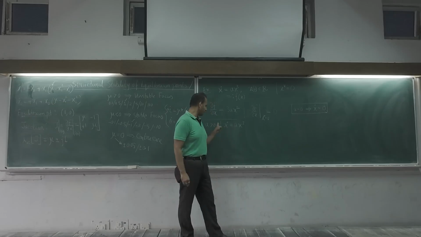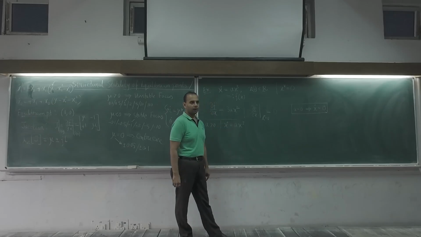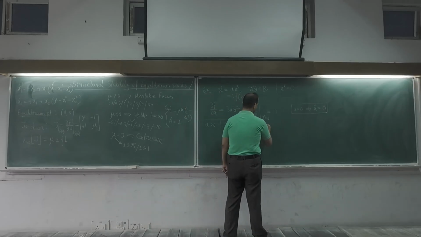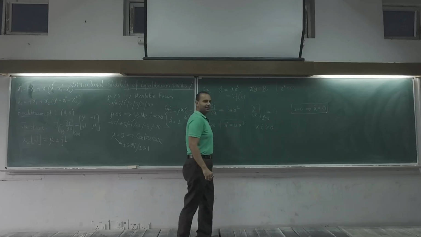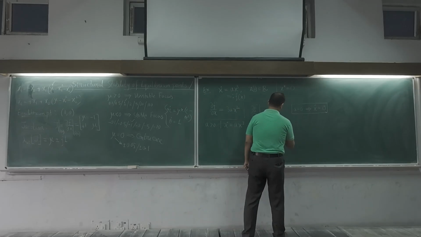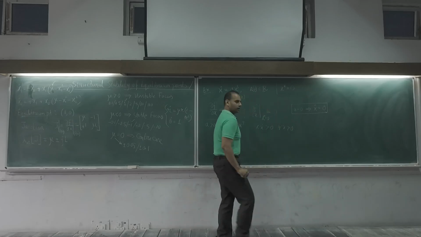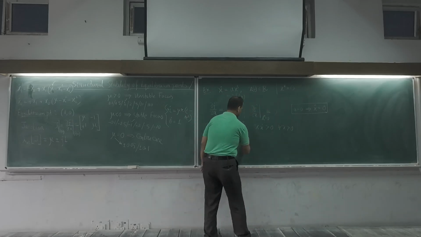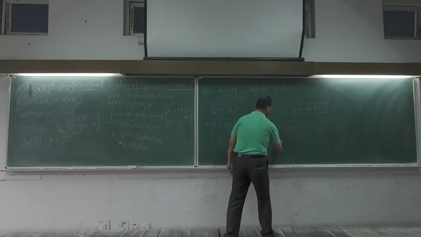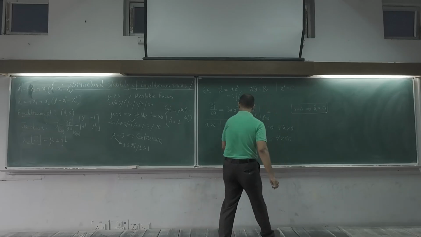Here, what happens for a positive? Unstable. Why unstable? Because x times x dot is greater than 0, right?